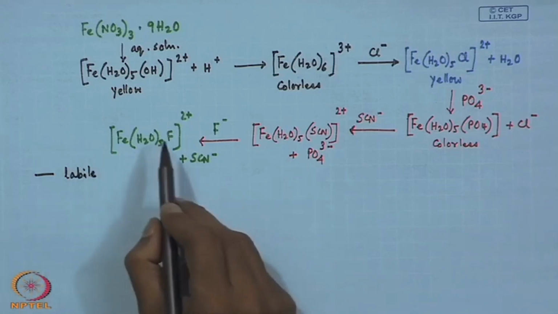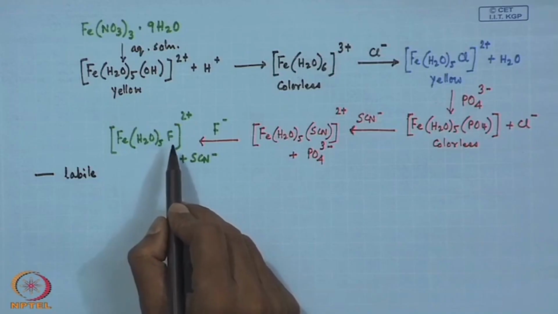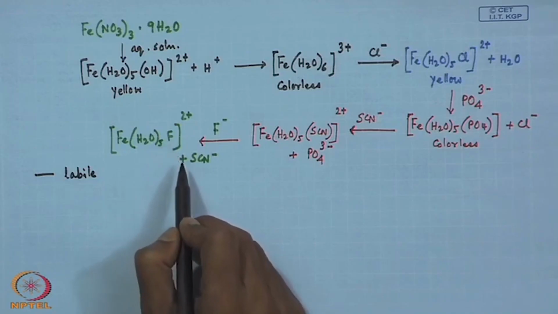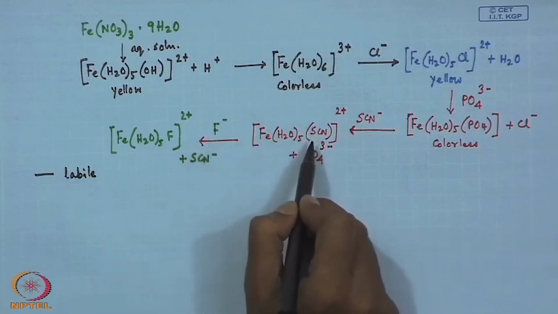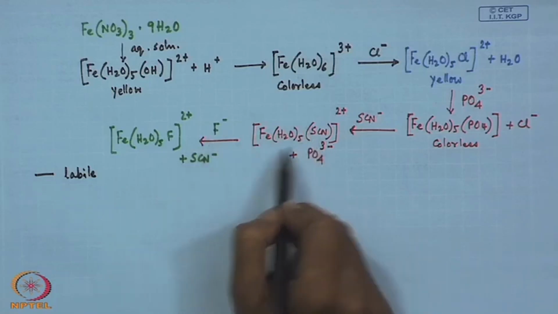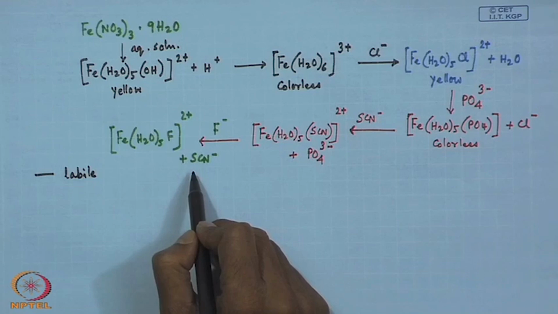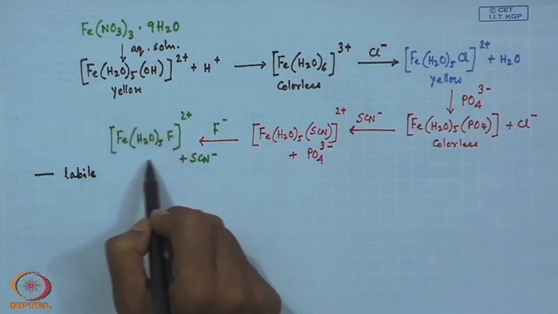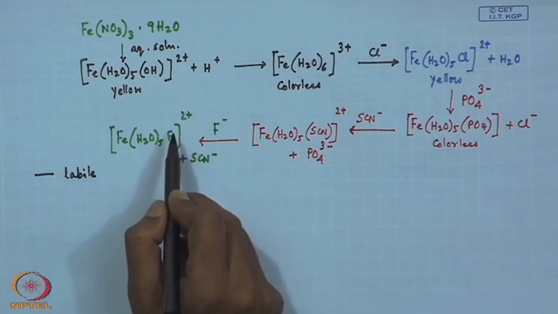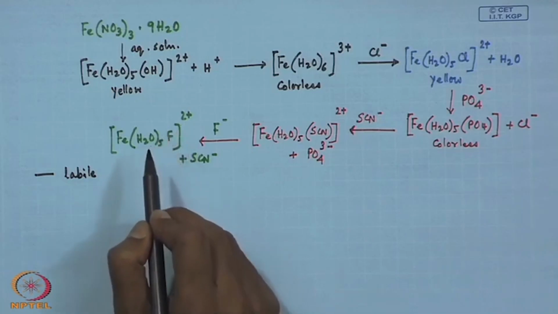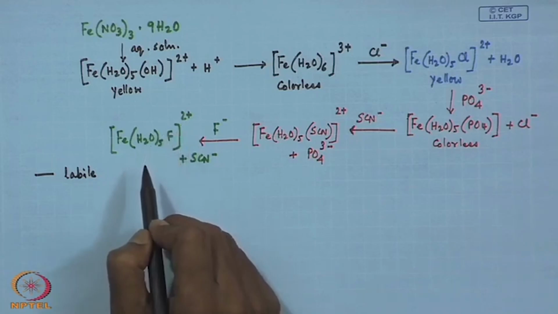That means the ligand exchange reaction takes place at the time of mixing of the solutions. Whenever we add fluoride to this particular solution, the thiocyanate will immediately be kicked out from the medium and we form the corresponding fluoropentaaquairon(III) compound. So, at the time of mixing this is forming.